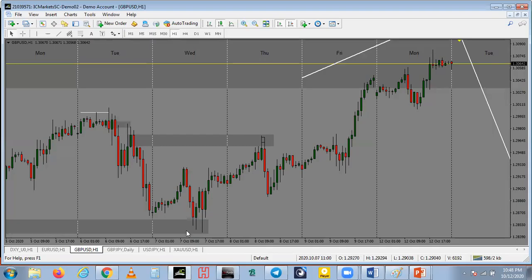Ignore every shaded thing you're seeing on my screen. Just focus on what I'm saying. So let's say you expect price at this point here to increase in value on GBPUSD, between the pound versus the US dollar.